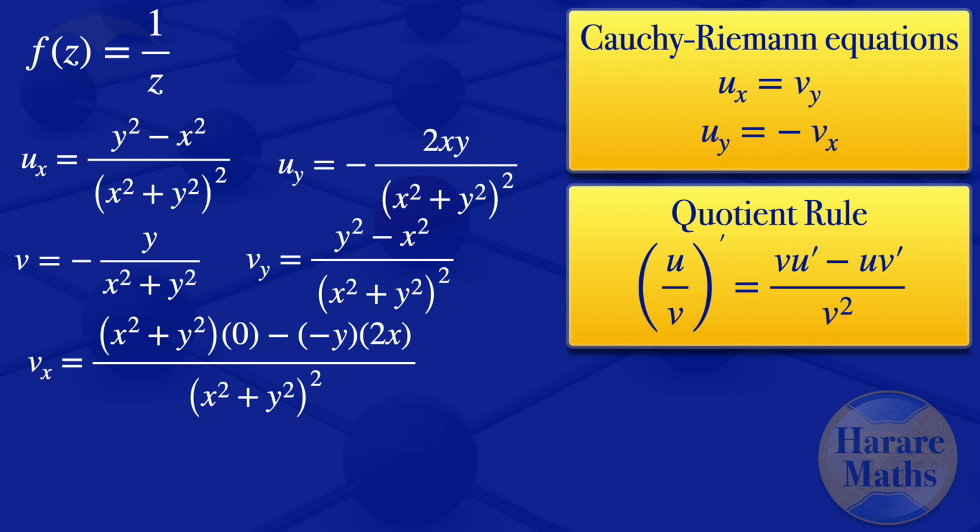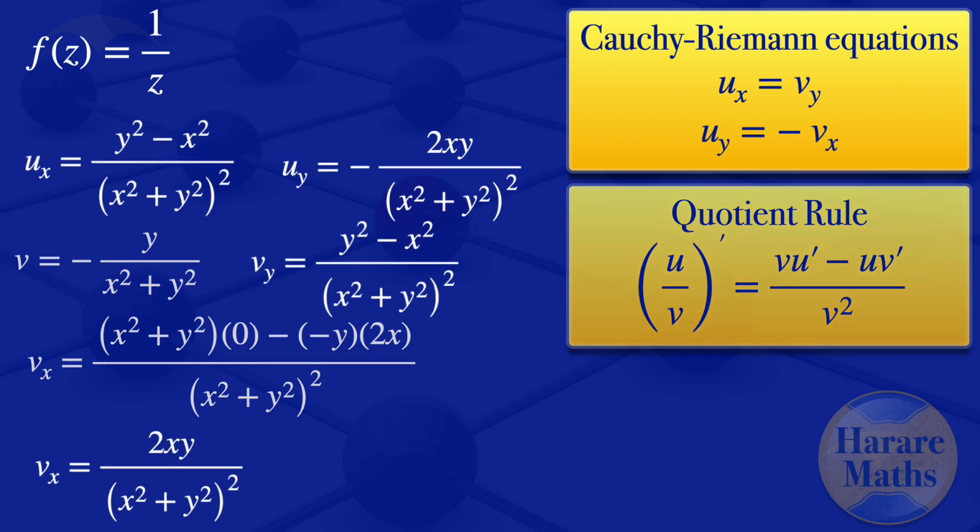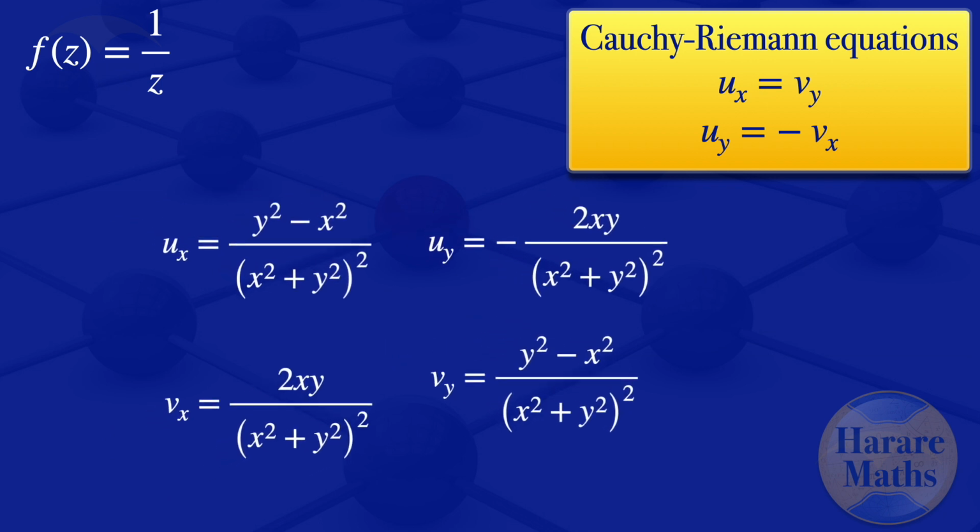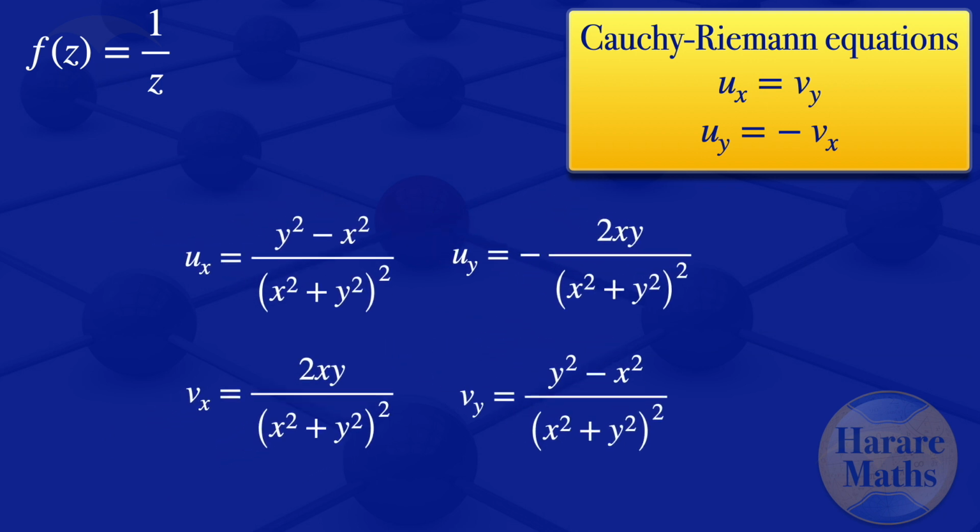And this will simplify to 2xy divided by x squared plus y squared, squared. So we have our partial derivative of u with respect to x, of u with respect to y, of v with respect to x, and of v with respect to y.